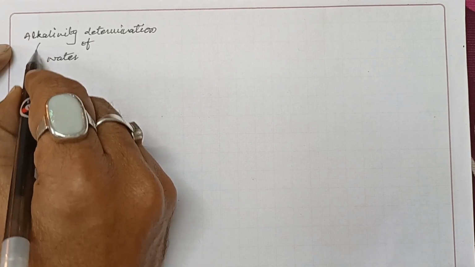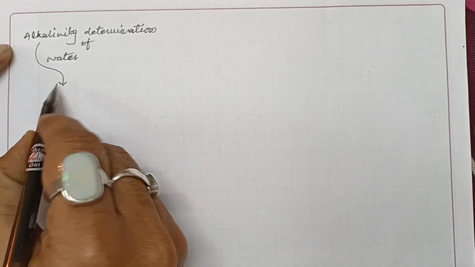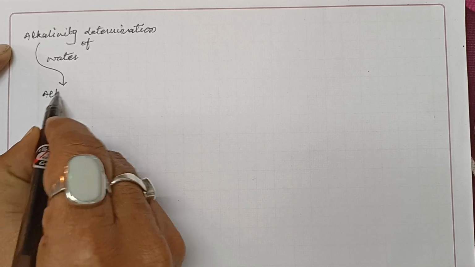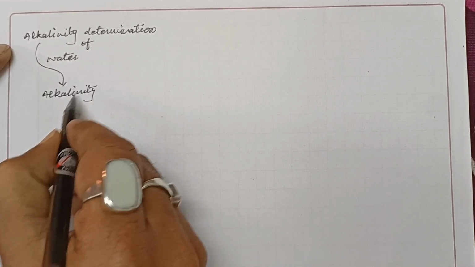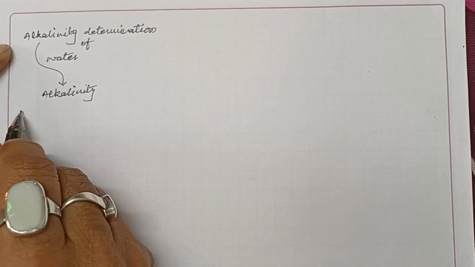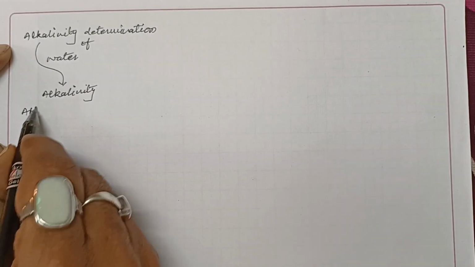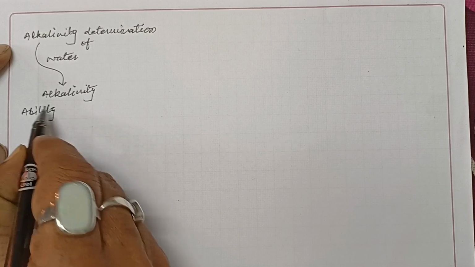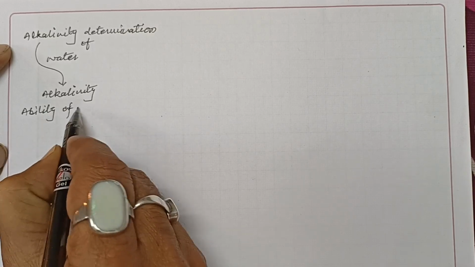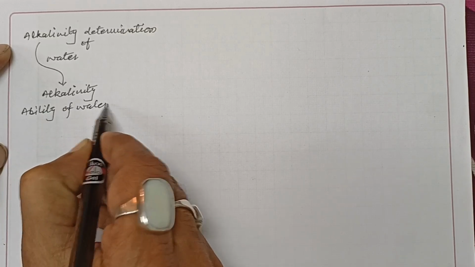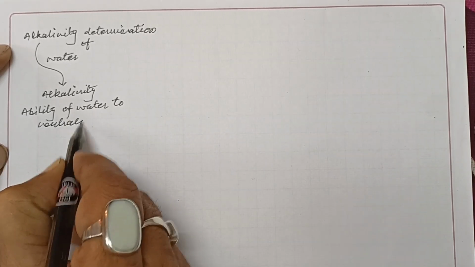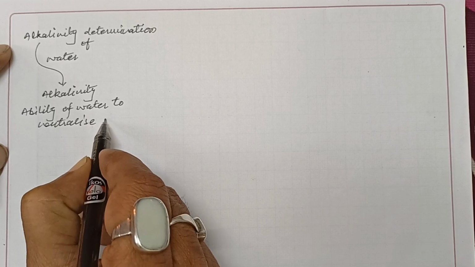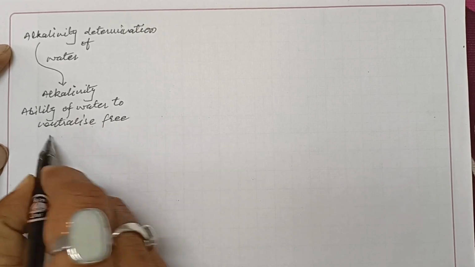So before we proceed, we would like to discuss alkalinity. What is alkalinity? Alkalinity is the ability of water to neutralize free acids.